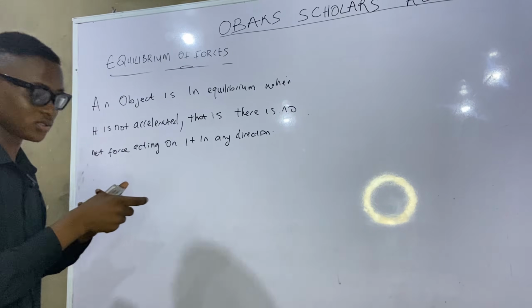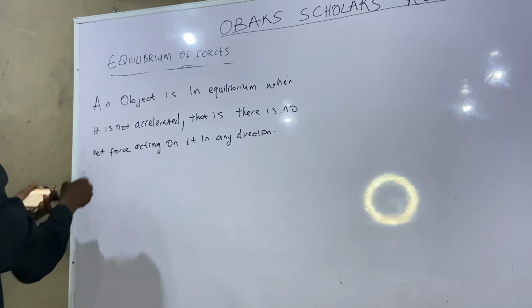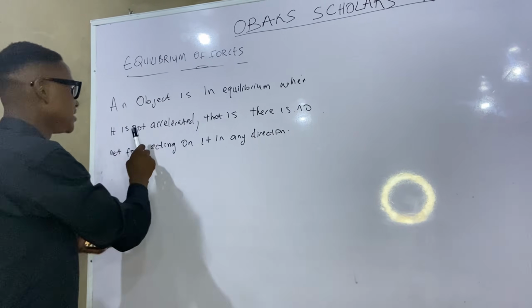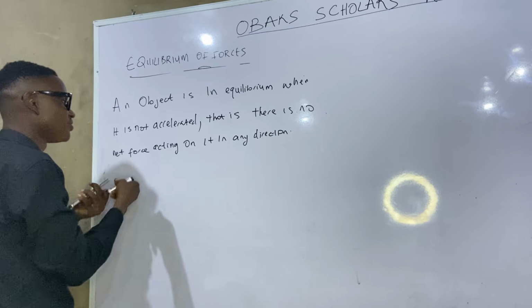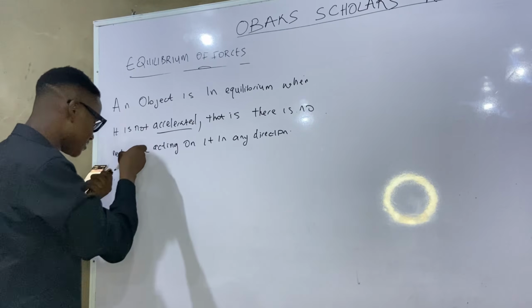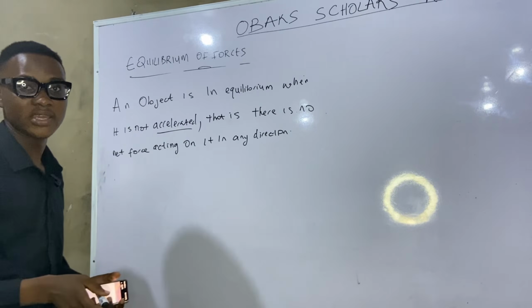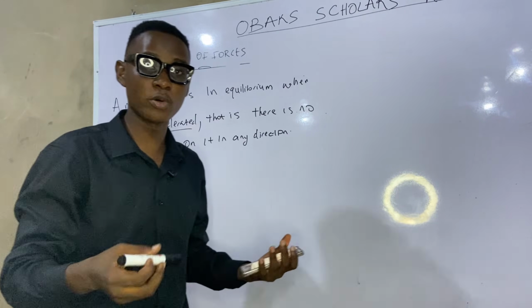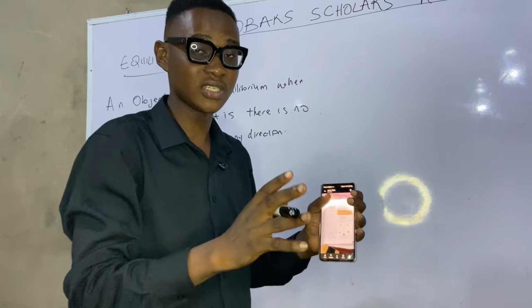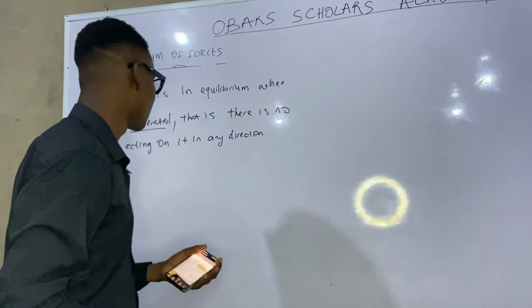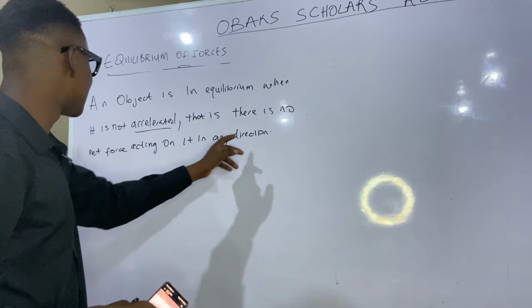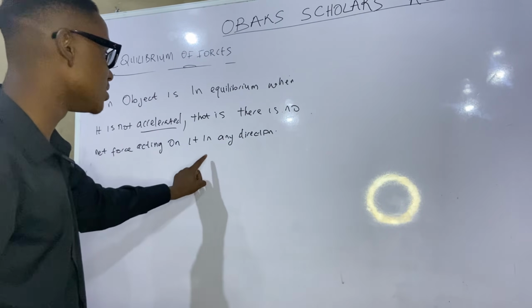So this description is perfect. An object is in equilibrium when it is not accelerated. That means the body is not moving. If the acceleration of a body is 0, that means that body is not moving. The body is static, in one position. That is, there is no net force acting on it in any direction.